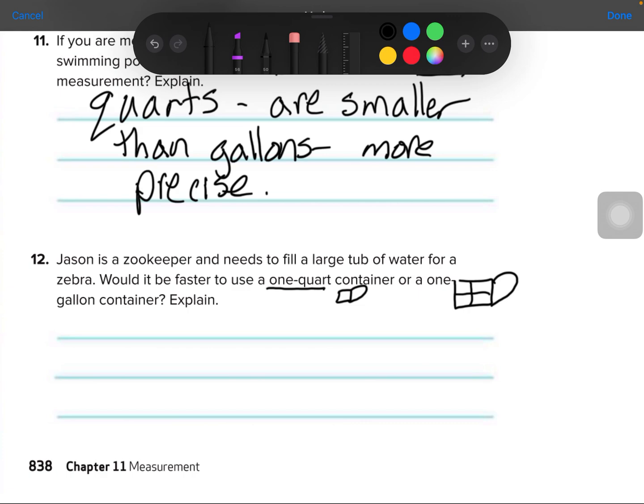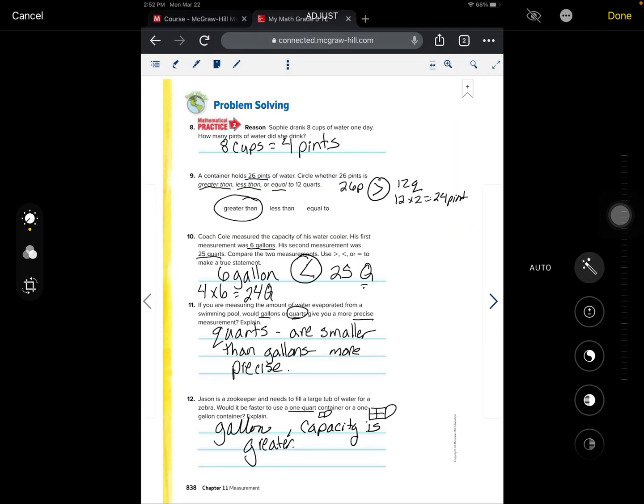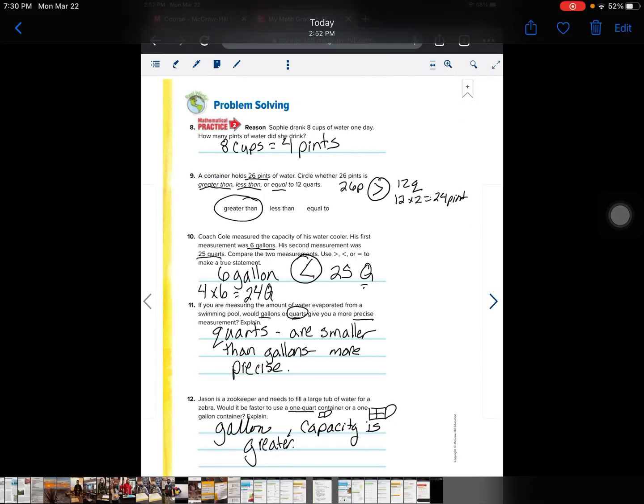Honestly, it'd be faster to use the gallon because the capacity is greater. That, and it wouldn't take as long to fill the tub. All right, ladies and gentlemen, show me your work.